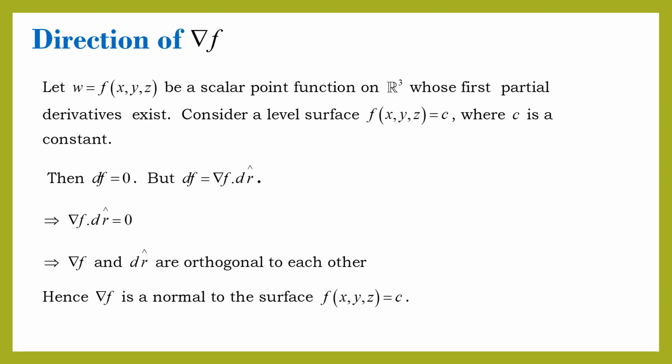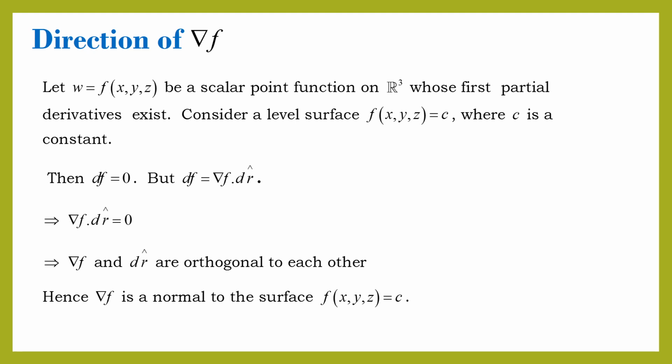Let's understand the direction of the vector del f in detail. Here, let's consider a scalar point function f defined on R3, the three-dimensional space. Let us suppose that w equals f of x comma y comma z. Consider a level surface f of x comma y comma z equals c. Here c is a constant.